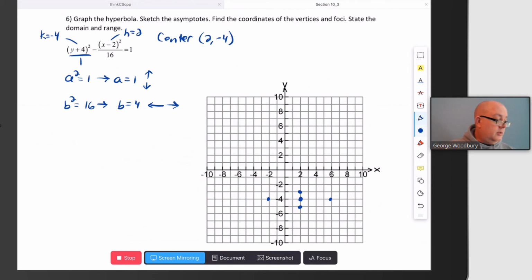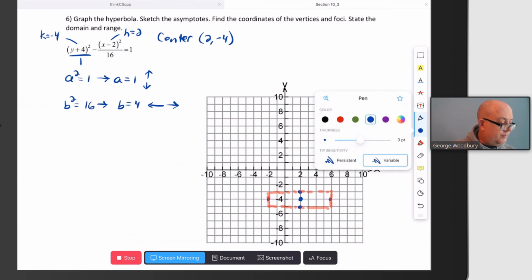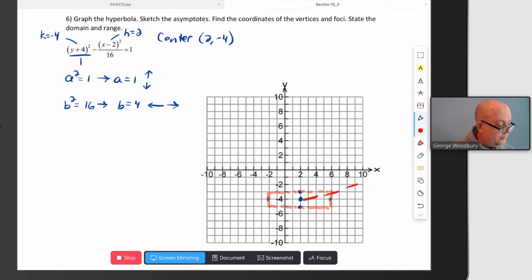But instead, that's going to help us to figure out where our asymptotes are. And again, we know that this one opens up and down. Like that.